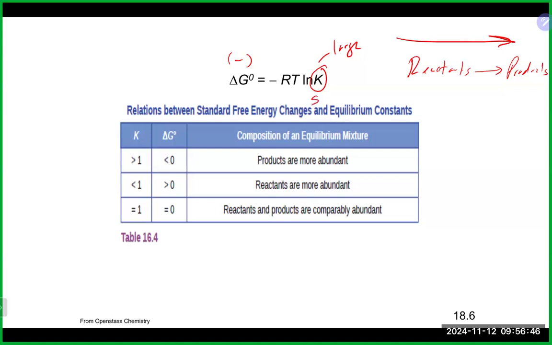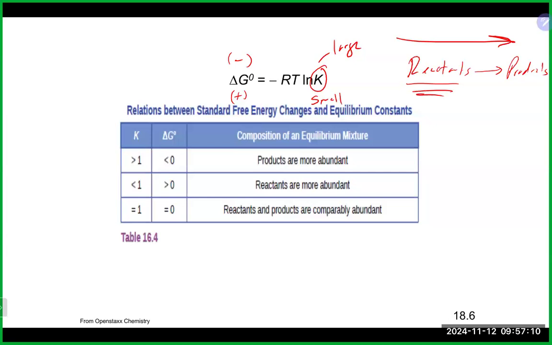Obviously, if you have a small K, that means that we do have more reactants than products at equilibrium. That would also imply that this reaction is probably not going anywhere, not really happening. Otherwise, we would have more products being made at this point. So because of that, we can make an assumption that our delta G here would be a positive value.